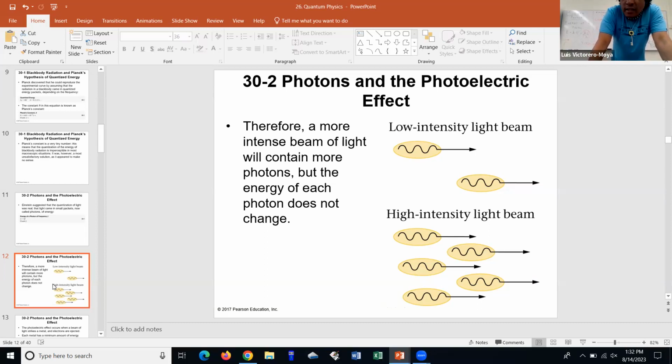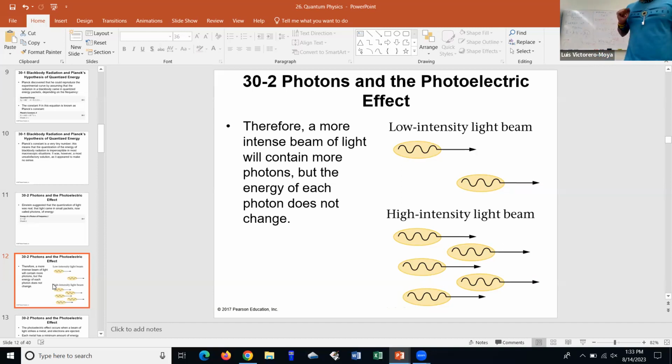The intensity just tells you the amount of photons in a given beam of light. The more photons, the more intensity. But that doesn't mean that the energy will change. You are seeing it right now illustrated in front of you. So each photon is characterized by a wavelength. As you know, the energy of a photon is equal to h frequency or hc over lambda.